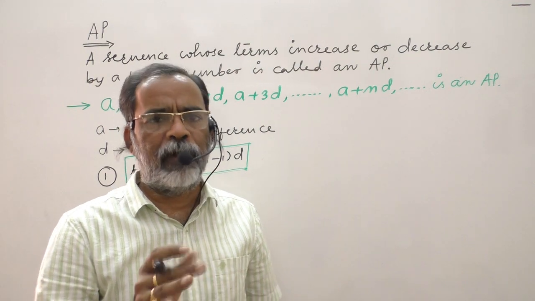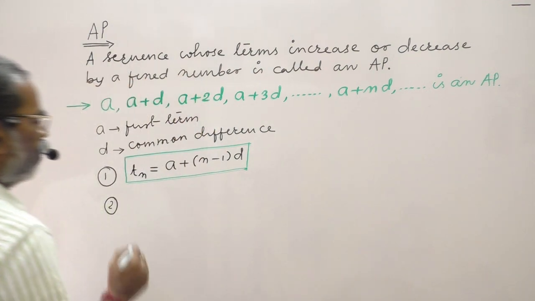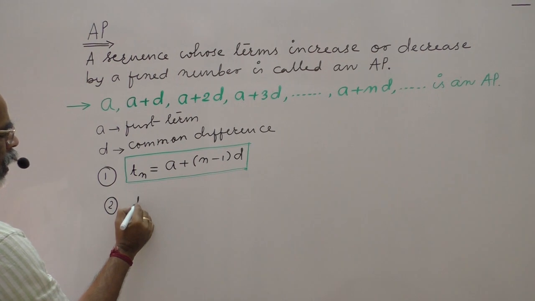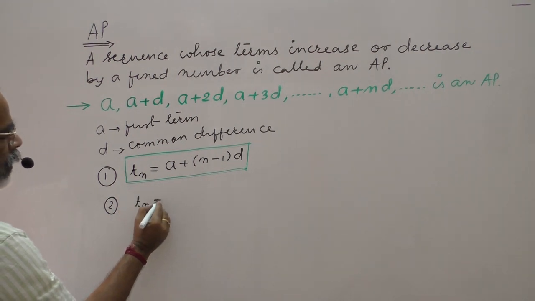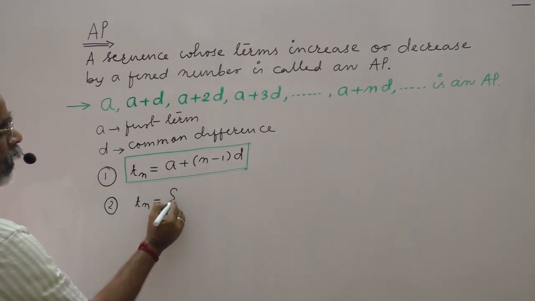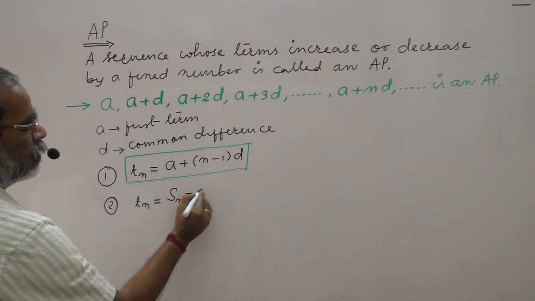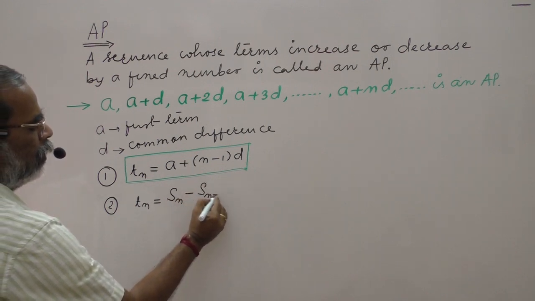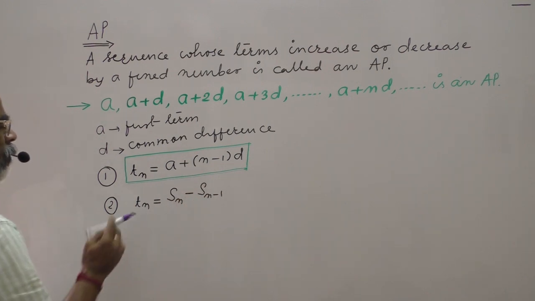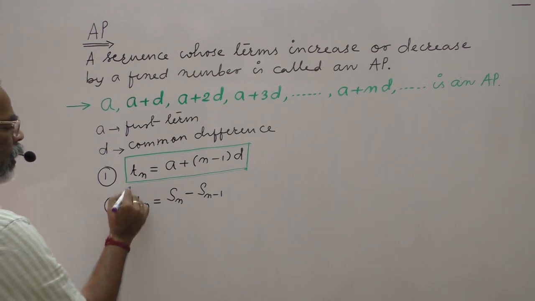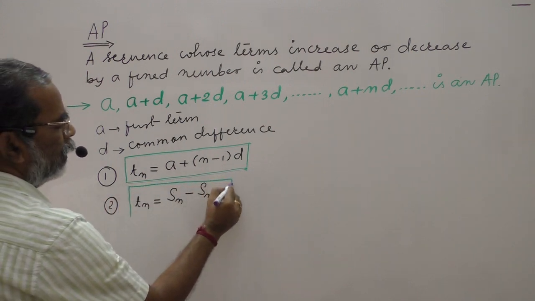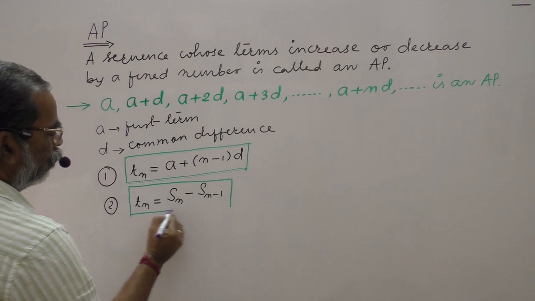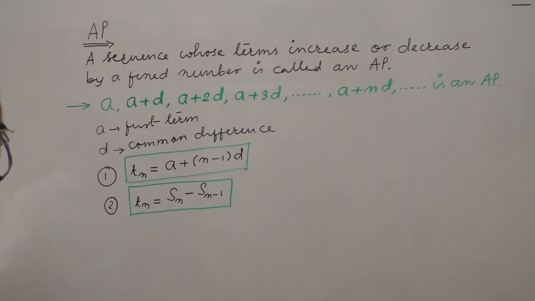S4 is the sum of the first four terms, etc. If you know the sums, then you can also find the general term. Tn can be Sn minus Sn minus 1. When you know the sums of particular terms, then you can also find the nth term Tn.